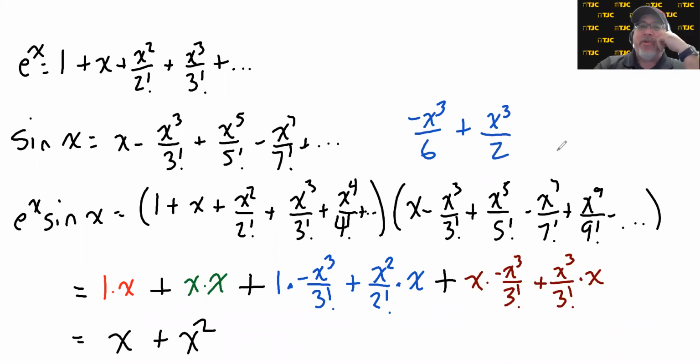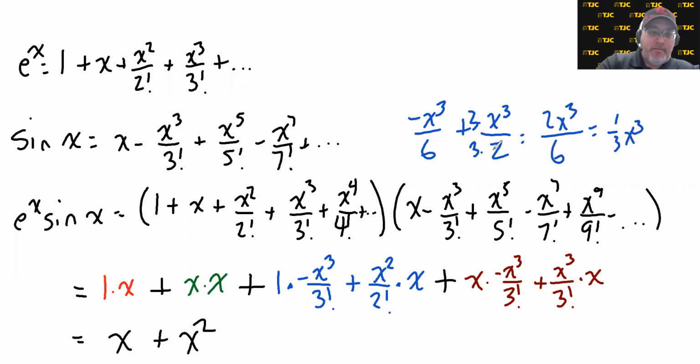We can get a common denominator by multiplying this by 3. So I have negative x cubed plus 3x cubed, which is 2x cubed over 6, and that reduces to 1/3 x cubed.